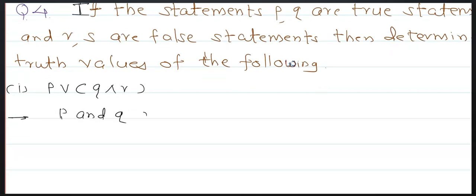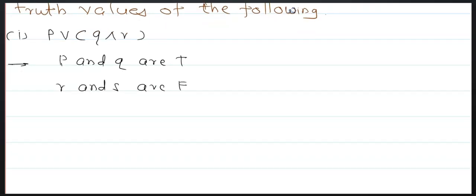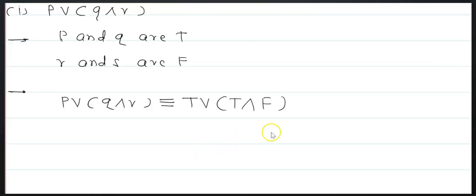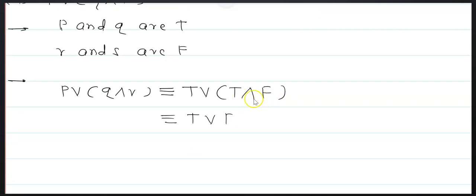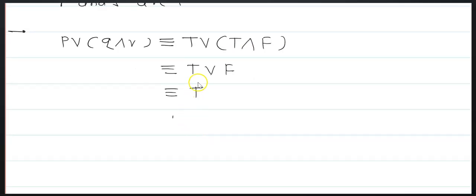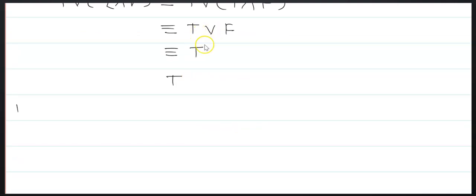P or in bracket Q and R. Now P is true, Q is true, R is false. Now here is AND. This we will solve first of all. T and F is F and T or F is T. For the OR statement, if one of them is true, then it is true. Therefore, final answer is T.